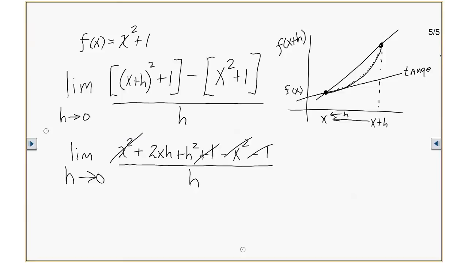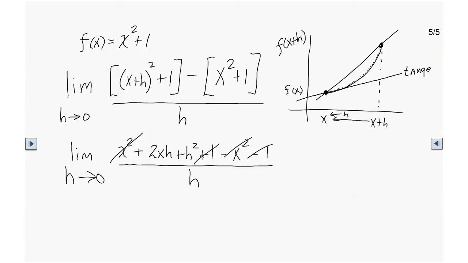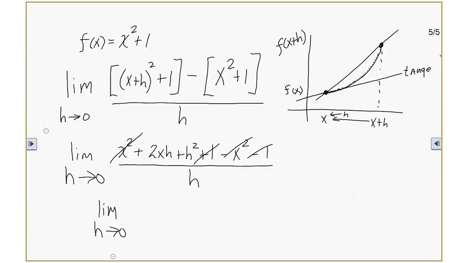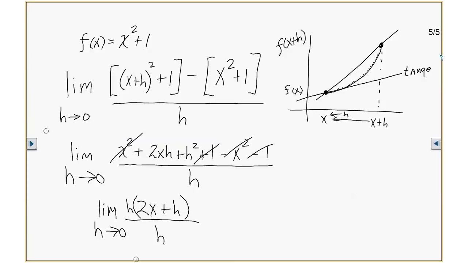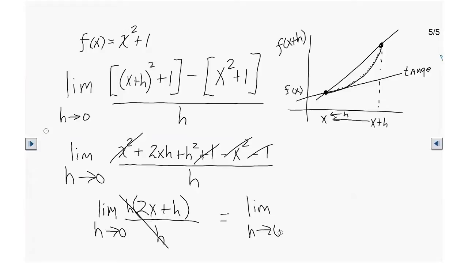And that leaves you with all the h terms. And you factor out an h: limit as h approaches 0 of h times 2x plus h over h, and the h's do what? And limit as h approaches 0 of 2x plus h.